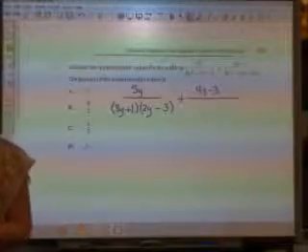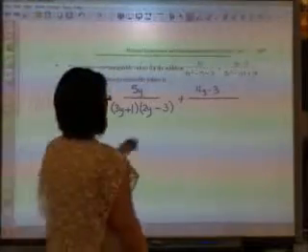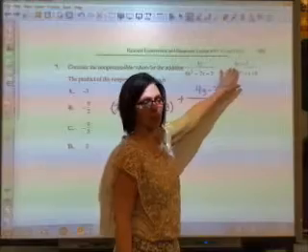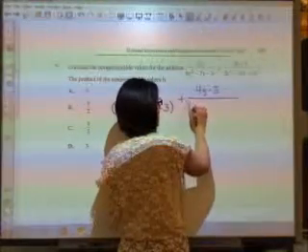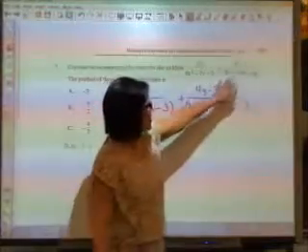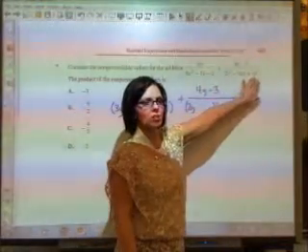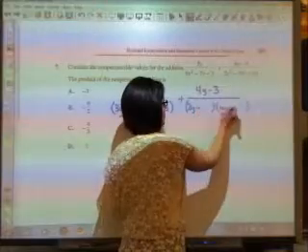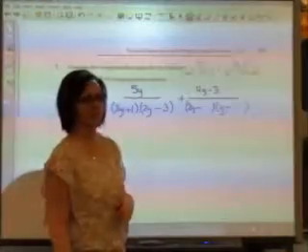And then if I look at the next one, 2y squared minus 15y plus 18. Again, because I have a prime number, the only way I can get a 2y squared is to multiply 2y and y. The middle term is negative and the last term is positive, which means these will both have to be minus.